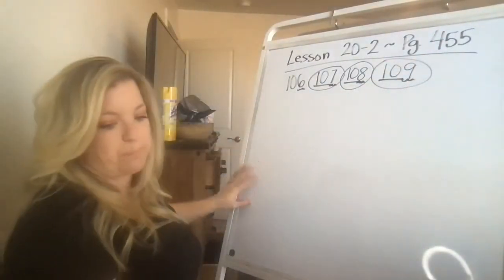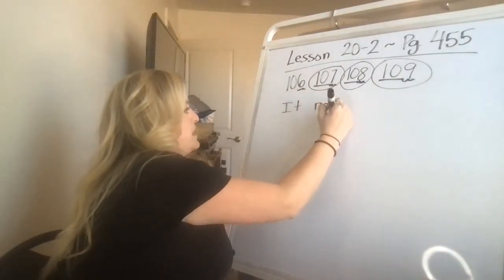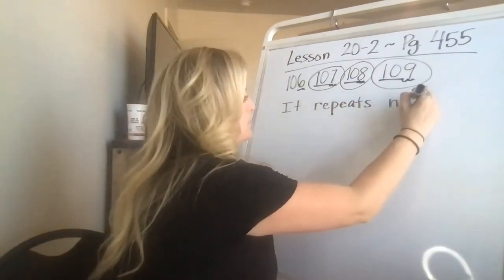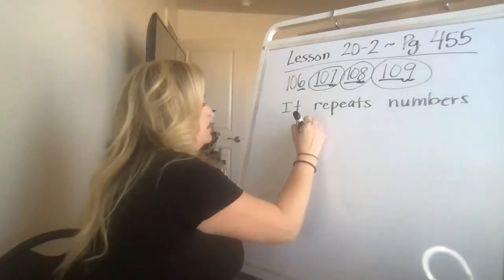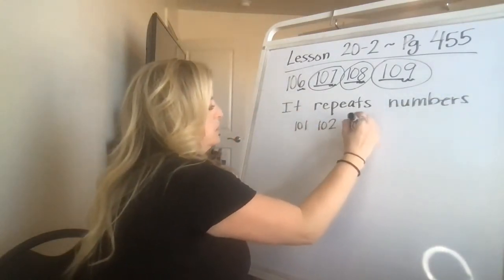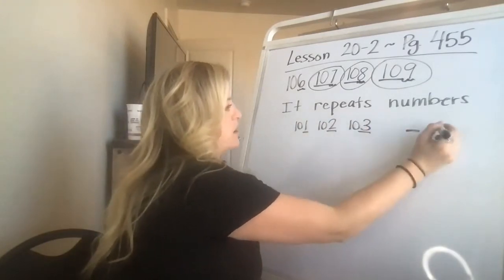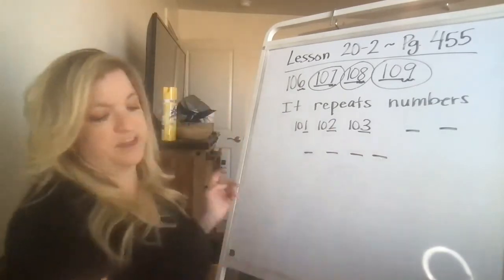So it repeats numbers, right? I have 101, 102, 103. There's my 1, 2, 3. Next one is going to be 4, 5, 6, 7, 8, 9, and then 110.